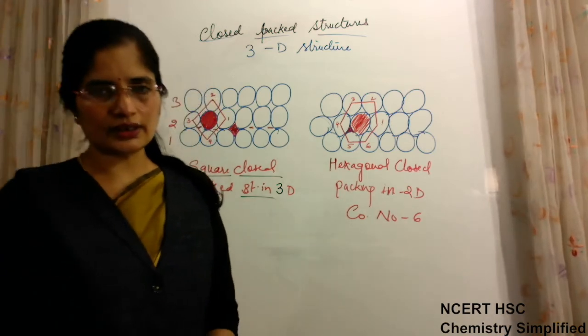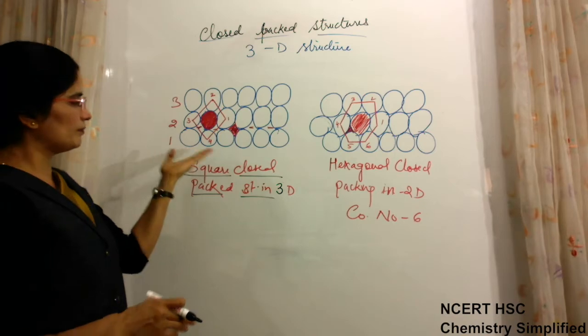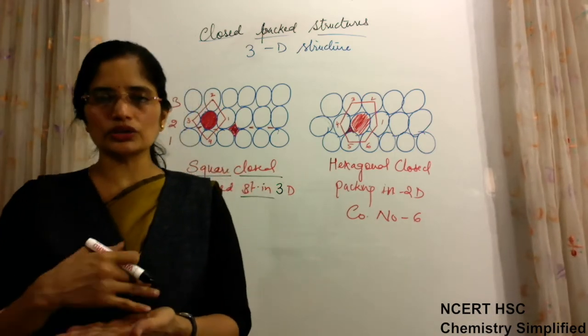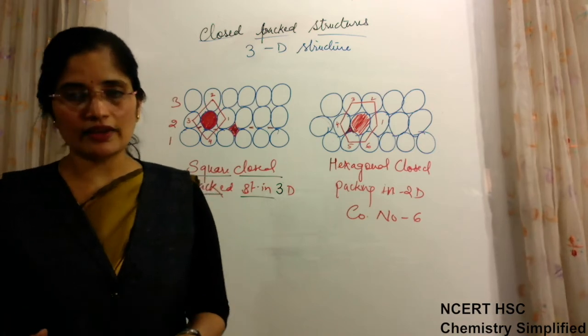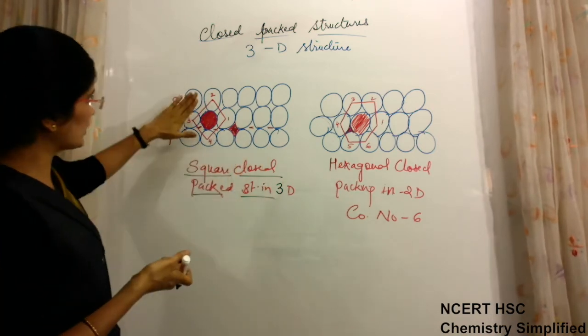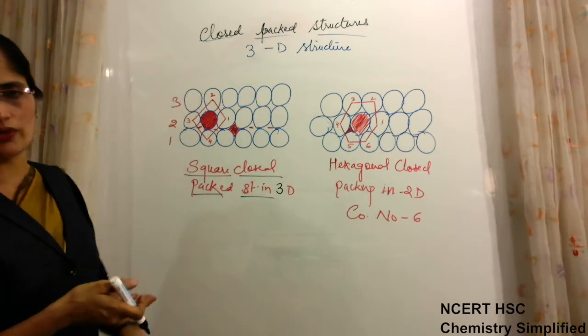Means what we have done, as we have made the base by keeping one particle just in front of the other or just over the other, same way we are increasing the height of this and we are keeping the particles exactly over these.